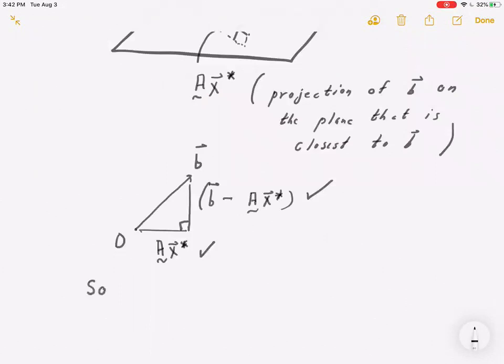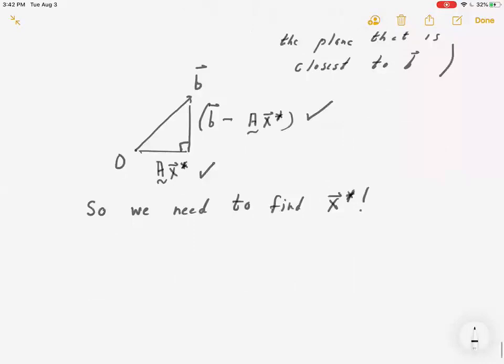So let's step back for a minute. We need to find what X asterisk is. What is X? It's just a vector with two components.